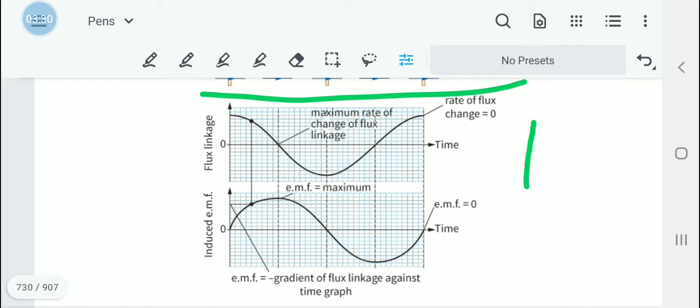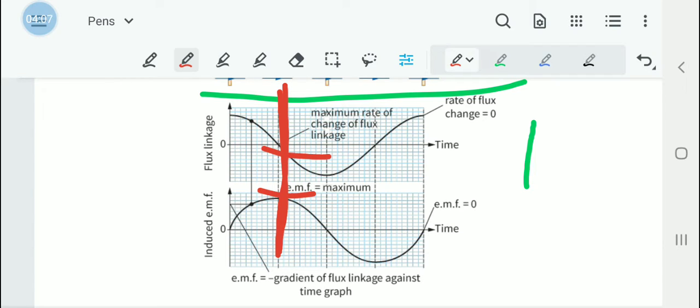In the first one, they have drawn the flux linkage against time. Then in the second one, again flux linkage against time, and the maximum EMF is reached at the steepest point of it. Then for the induced EMF against time, we can see the maximum EMF is reached at similar points. So at this point and at this point, it would have a maximum EMF.